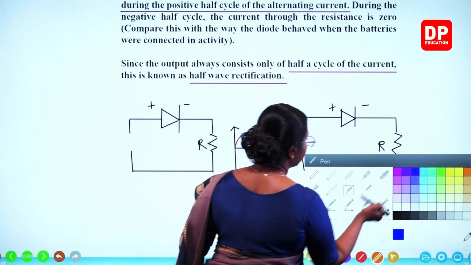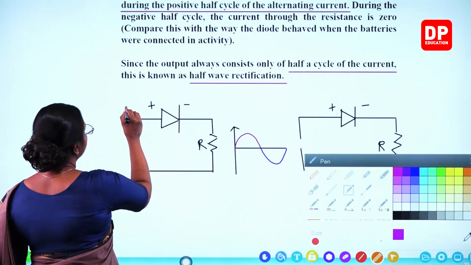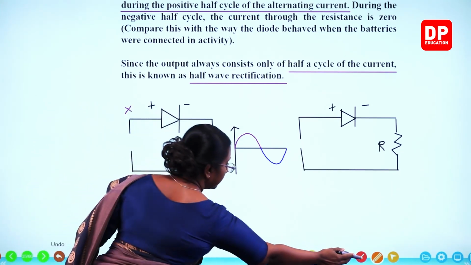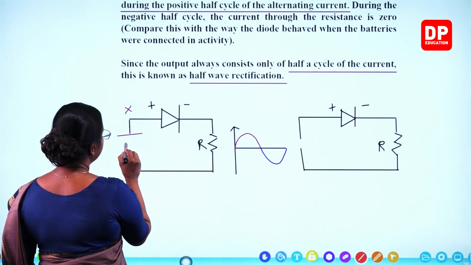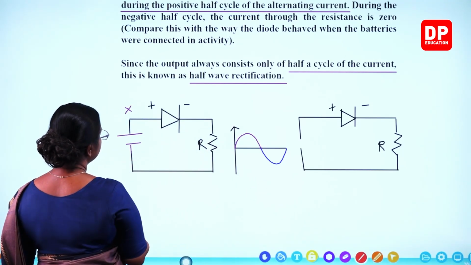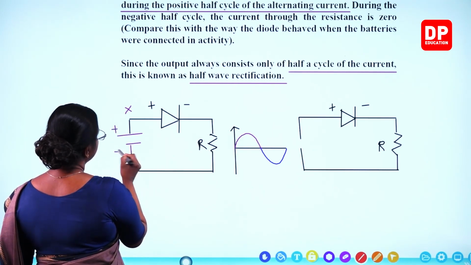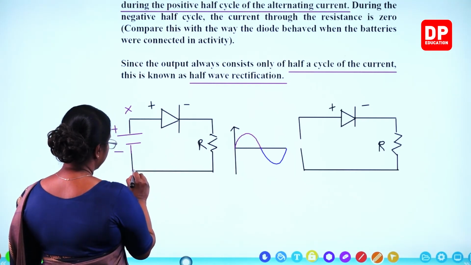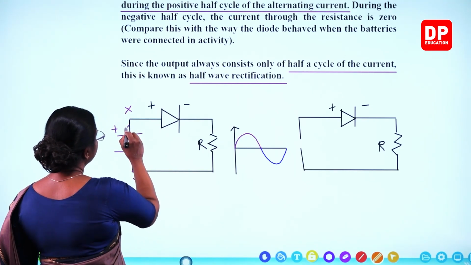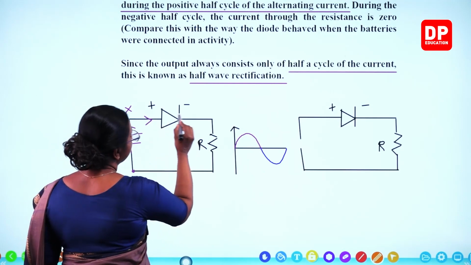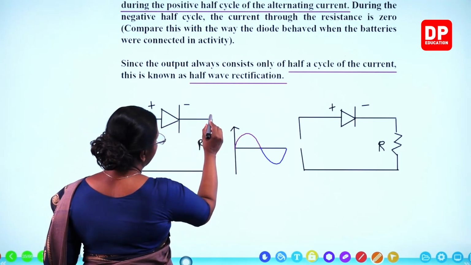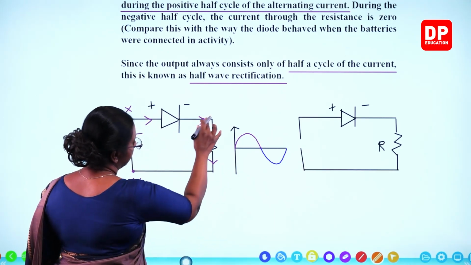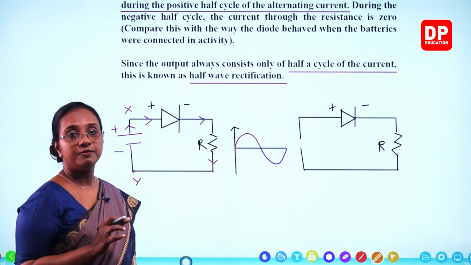So positive current we will take as going through X. So this has to be the positive terminal and that will be the negative terminal. Here this is going to be point Y. So current will go this way, it will flow through the diode and it will come through the resistance. There the current will flow.